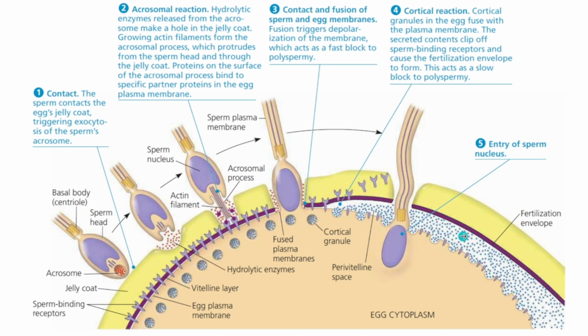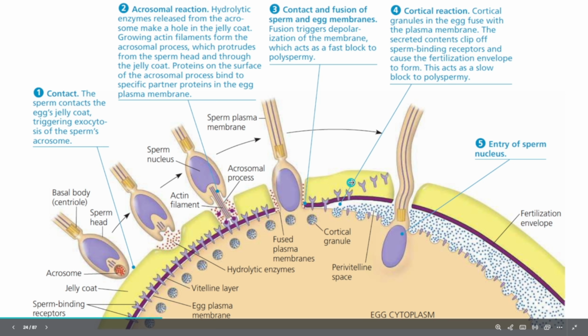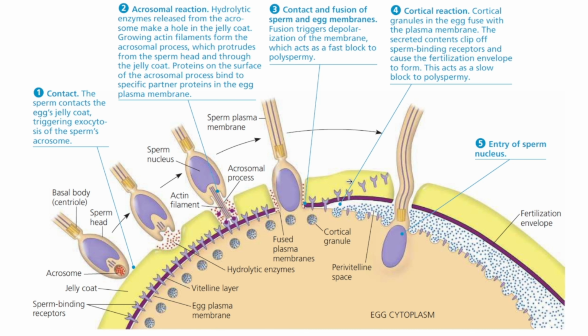When the zona pellucida is harder, the sperm cannot easily penetrate it. So the fertilization envelope is formed. Once the fertilization envelope is formed, other sperm cannot penetrate into this fertilized egg anymore. So this is the entire process of fertilization.